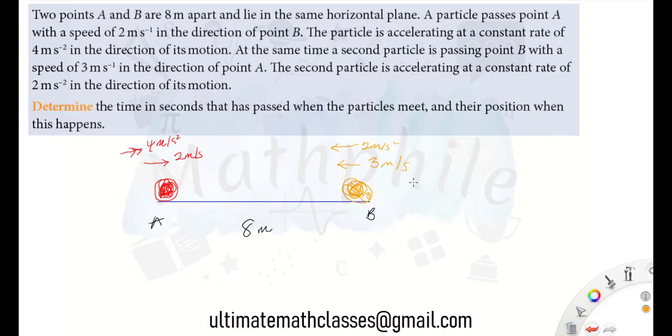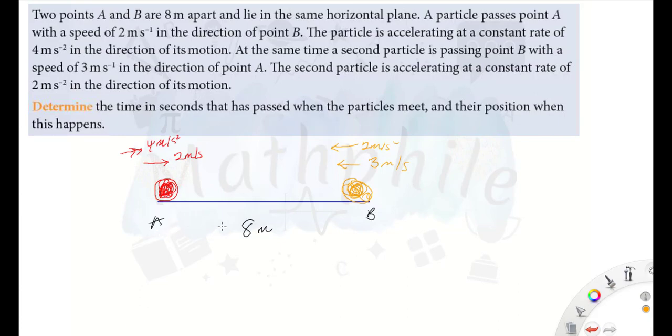Now looking at this, let's assume that they are going to meet eventually. Let's assume that they met when A has traveled a distance of 3 meters. When A has traveled 3 meters, how many meters would B have traveled? 5. How do you get a 5? 8 minus 3.